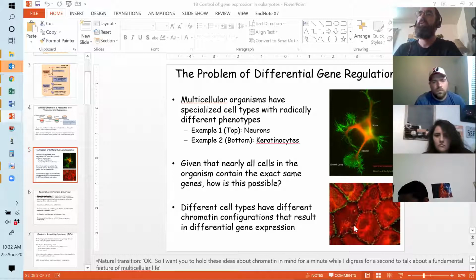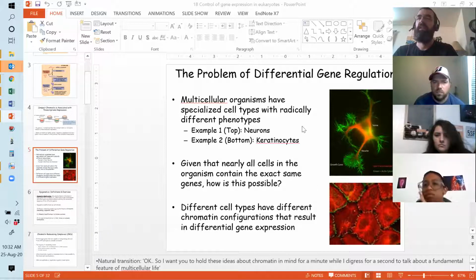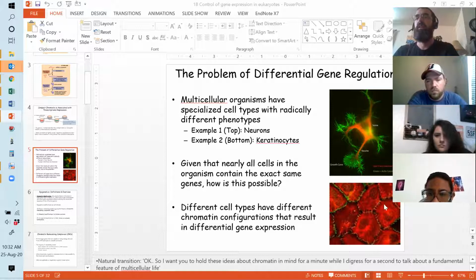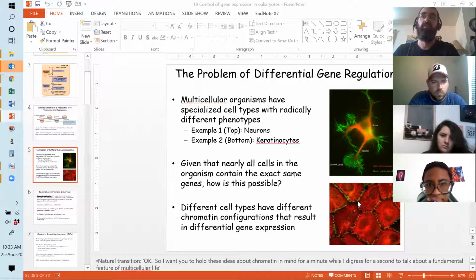These two cell types have exactly the same DNA in them. There is no difference in the genetic sequence or the information contained by this cell and by this cell. So how are these two cells so very different?